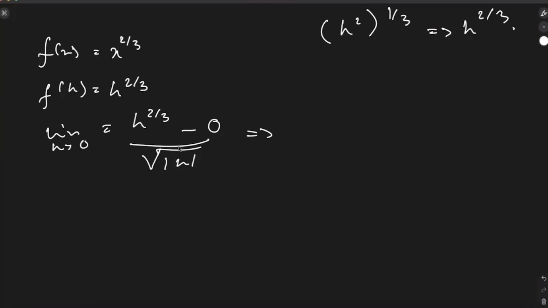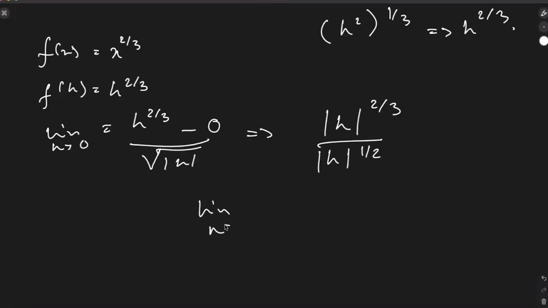And since there's a square in it, it is a mod as well. This is just what I'm writing. The value of h raised to the power of 2 by 3 can never be negative, so I can write a mod for it. There is nothing bad in it. And similarly for this, so that we can cancel these both terms out.